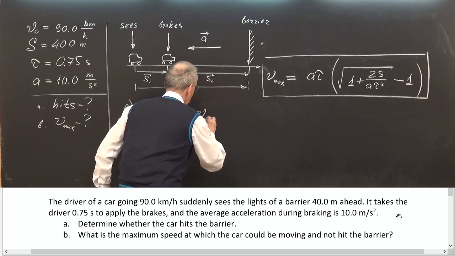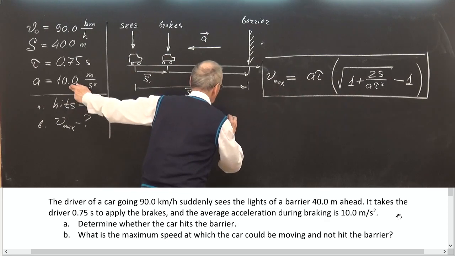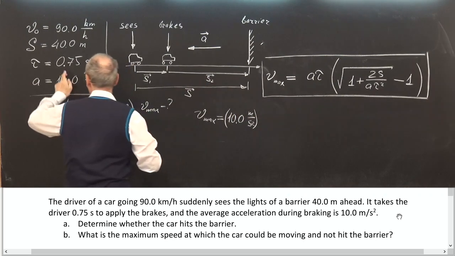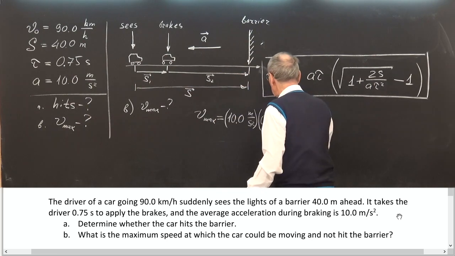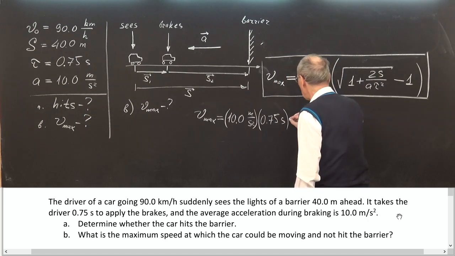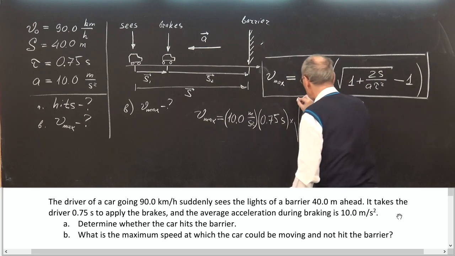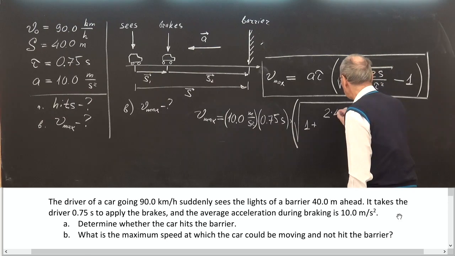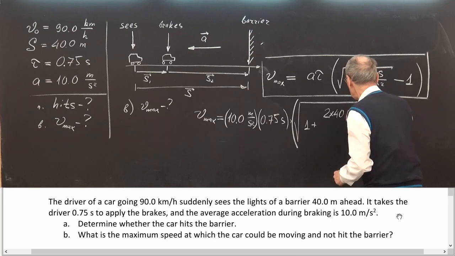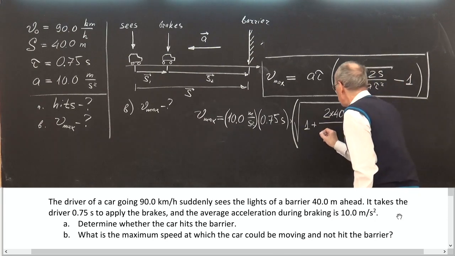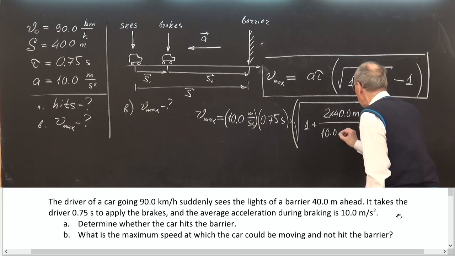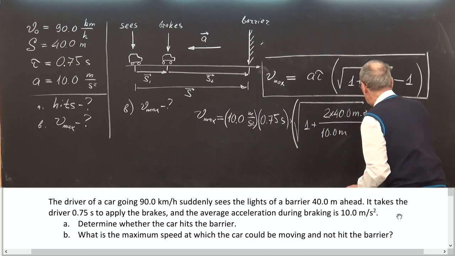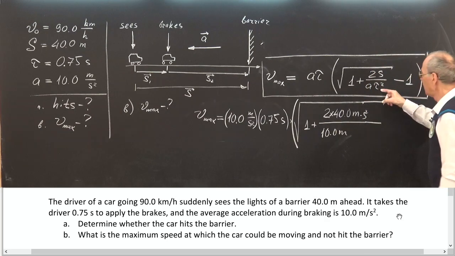the maximum speed is a, 10 meters per second squared, tau, 0.75 seconds, times the square root of 1 plus 2 times 40 meters over 10 meters per second squared divided by tau squared.